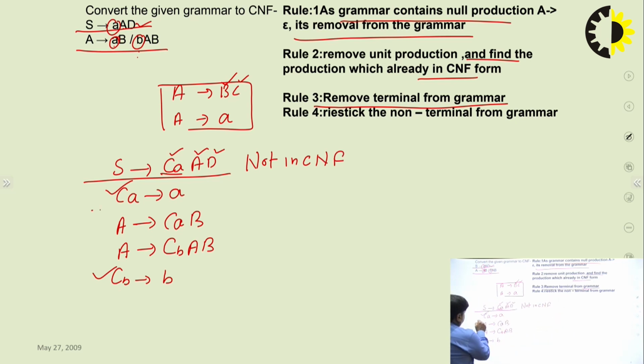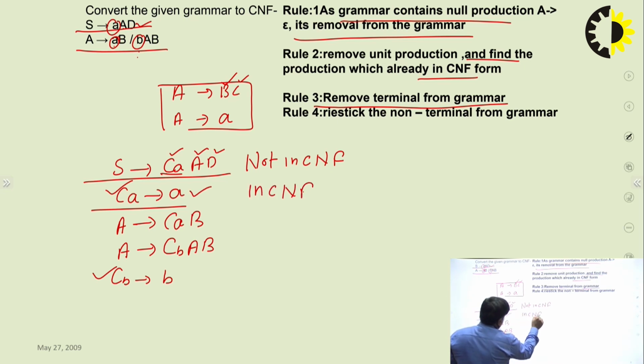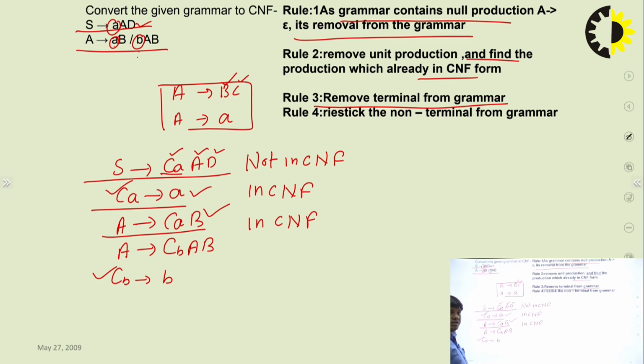Okay, now we check this production rule. On the right side only a single terminal is allowed. It means this production is in CNF form. Now check this production rule. On the right side only 2 non-terminals are allowed. It means this production is also in CNF form. Similarly, this production has 3 non-terminals on the right side. And what is the rule for the CNF form? On the right side only 2 non-terminals are allowed.